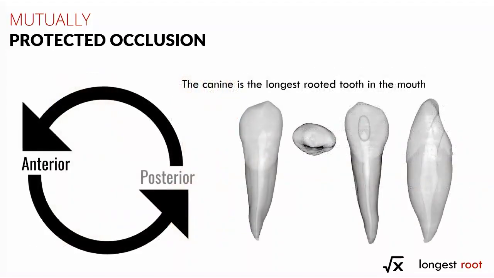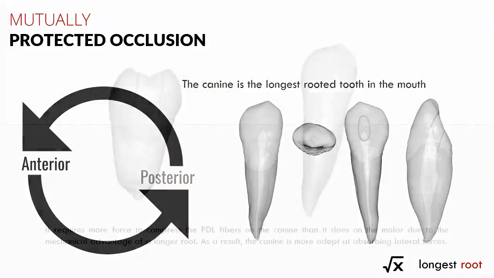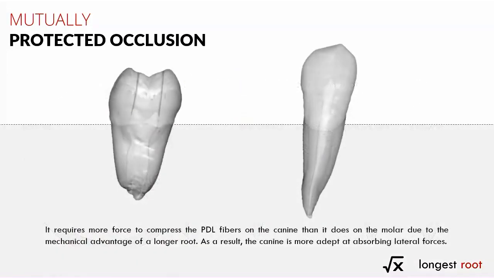So if we're going to have this type of loading, and we know at some point some tooth needs to be loaded laterally, right? If your teeth are going to the side, you have to have something touch. But we're saying the ideal tooth to take on that lateral force is the canine. And it's a canine because it's got the longest root, okay? So you can think of it as, let's say you put a big wooden stick into the dirt, okay?